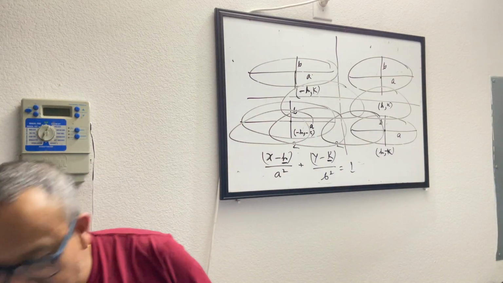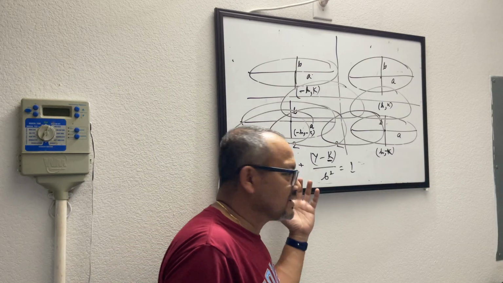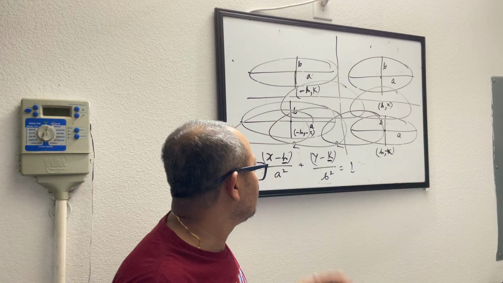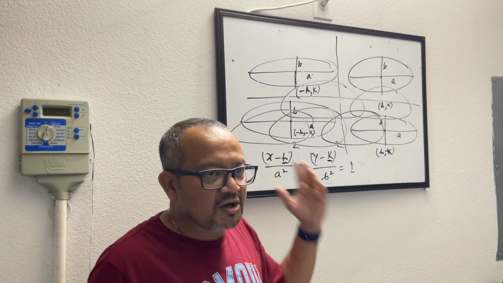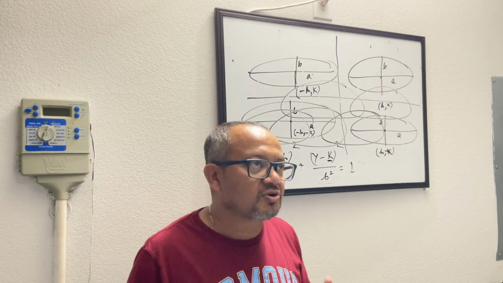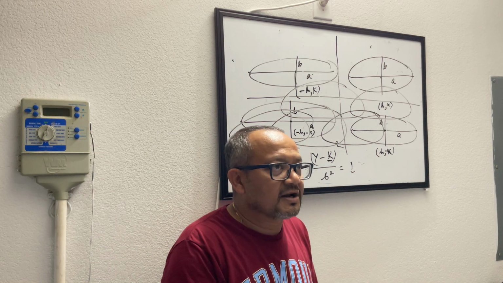So this is just the concept. How do you visualize the equation of an ellipse? What are the different forms? And then, what is a focus? What do we need to know about the minor and major radius? How do we relate that?